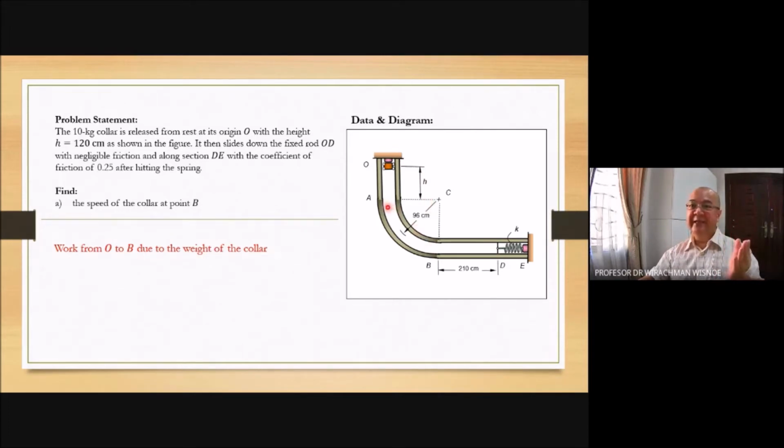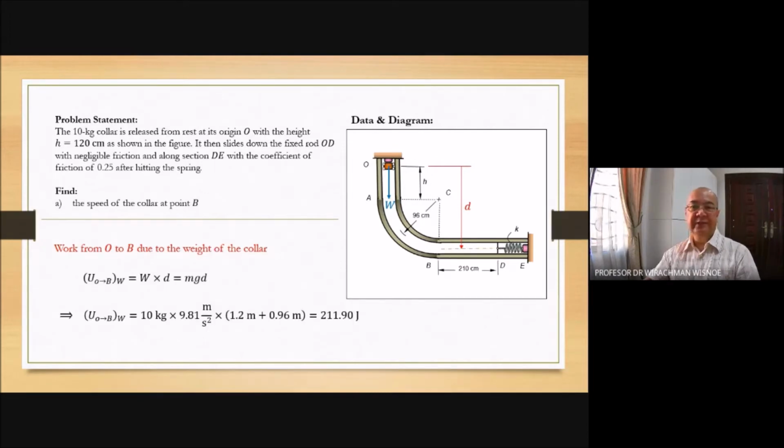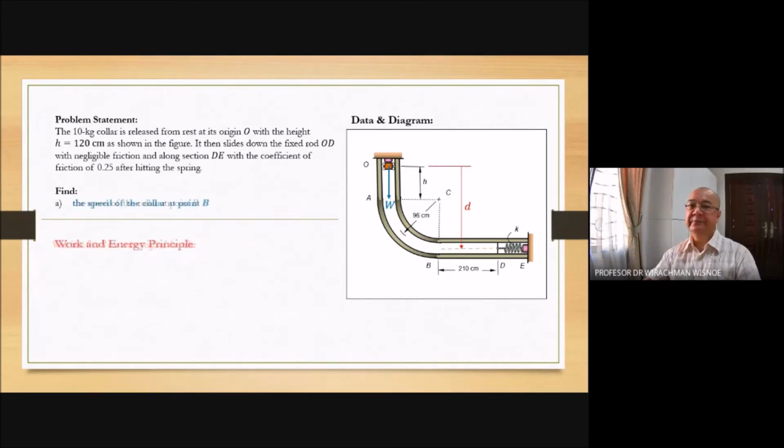It doesn't matter that it goes to the right by 96 centimeter. So that is the distance parallel to the weight, in the direction of the weight. So the work will be W times that distance. That's the only work that we have.